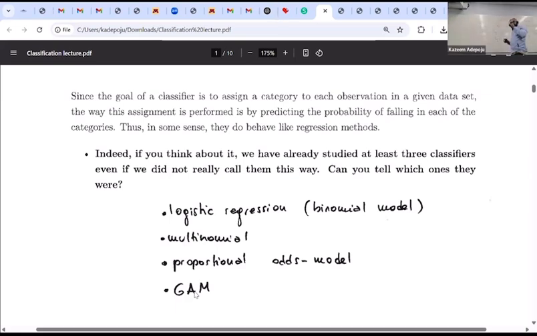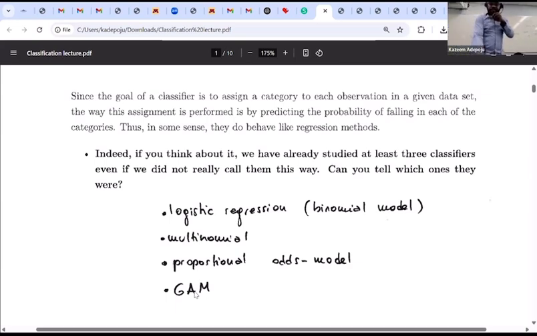And what the generalized additive model is going to do, instead of considering the linear combination, is have f of x1, f of x2, and so on. So we can also use that even if Y is not continuous. If Y is categorical, the generalized additive model can also be used as a classifier.